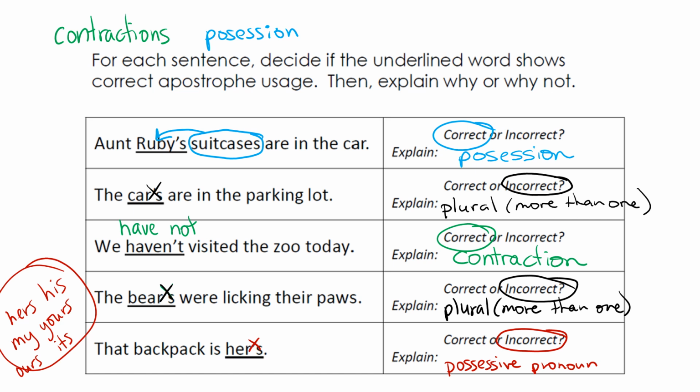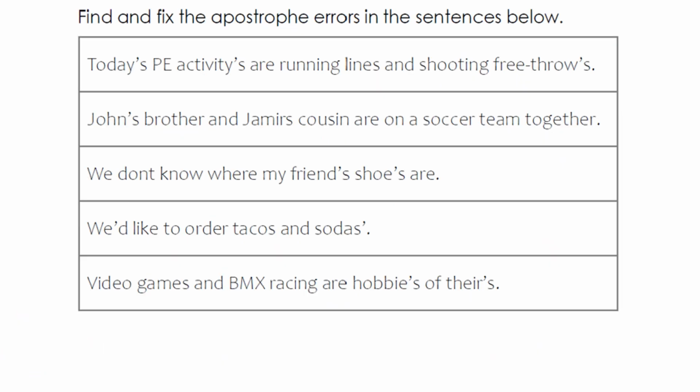All right, we've got one more section to try out. This is our last section. As we're working together, feel free to pause at any point and try it out on your own, and then restart the video to see if you were right. When you're right, give yourself a thumbs up. When you're wrong, just fix it so that you have correct notes. All right, this last section says, find and fix the apostrophe errors in the sentences below.